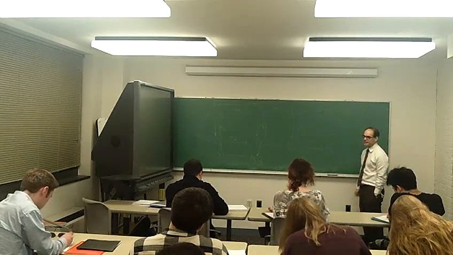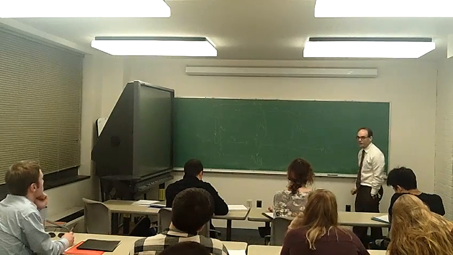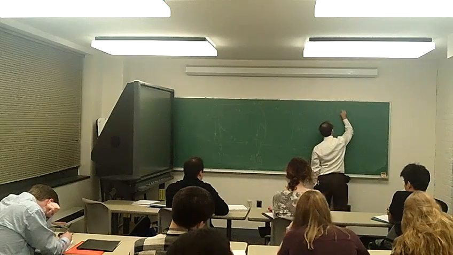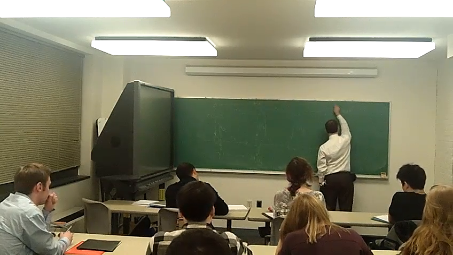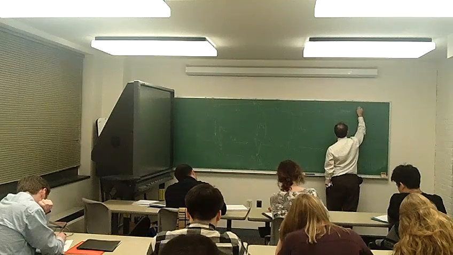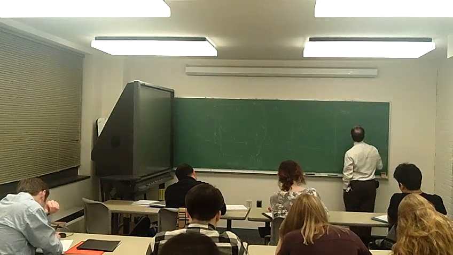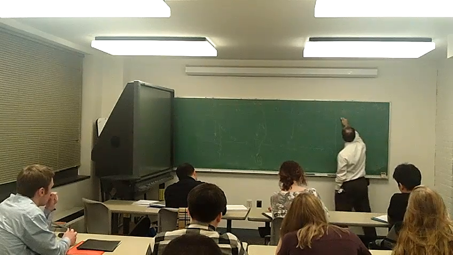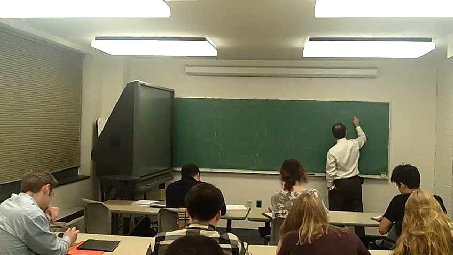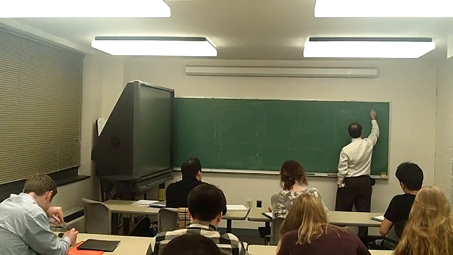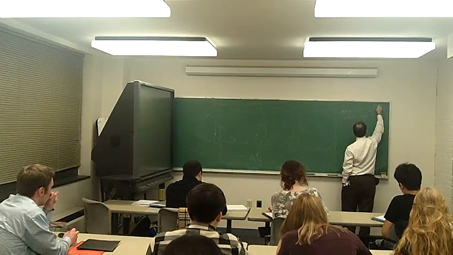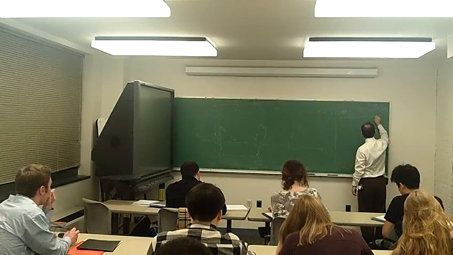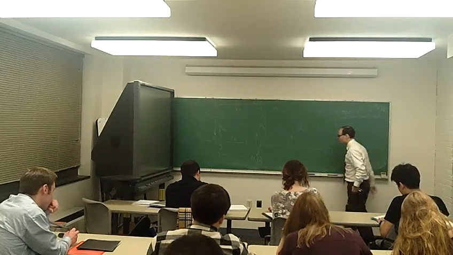So maybe rather than stating it as a theorem, this is somewhat of a lemma, and I'll state it as such. If C mapped to D through M is a chain map, and these are my chain complexes, then what's true?